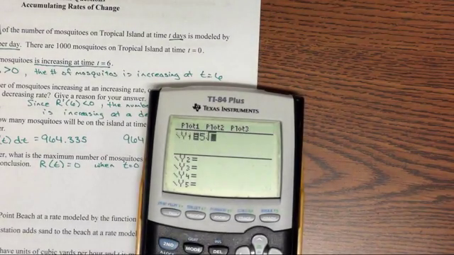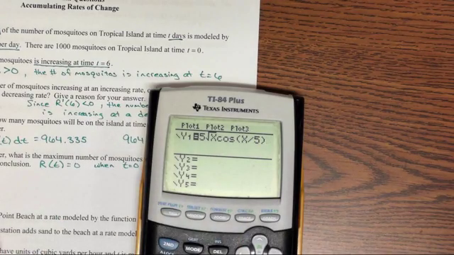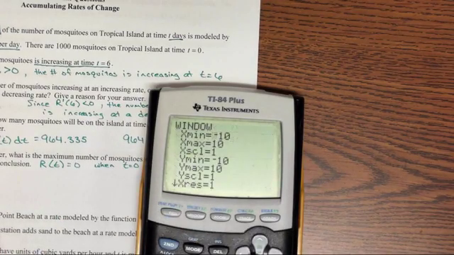Well, let's put it in our calculator and find when this function is 0. I'm probably going to need to change my window because I'm really going between 0 and 31. And I know I got up to 1,000 at least once. I'm going to go like 1,100.